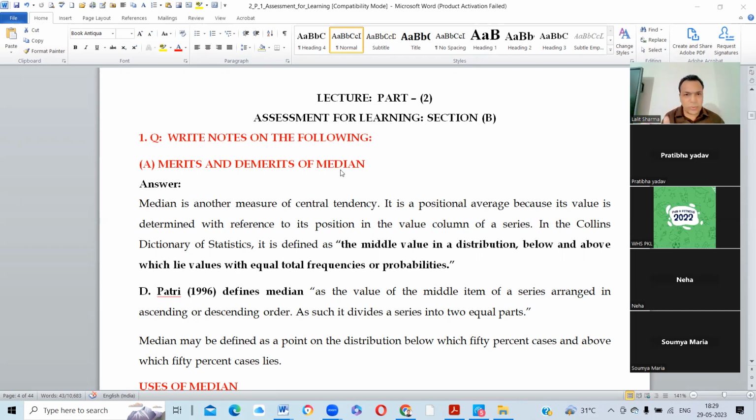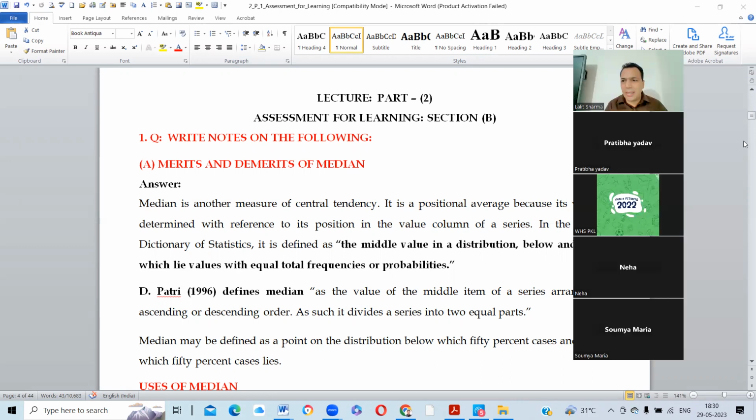So guys, you should know about central tendency also. I'll start this lecture from central tendency, then I will come to mean, median and mode, so this part will automatically be covered.